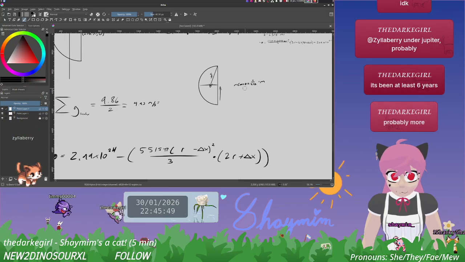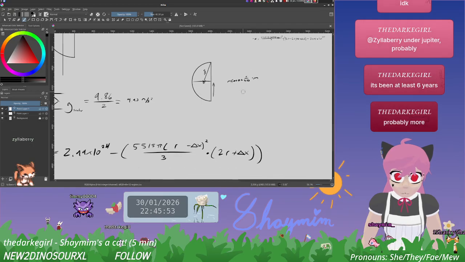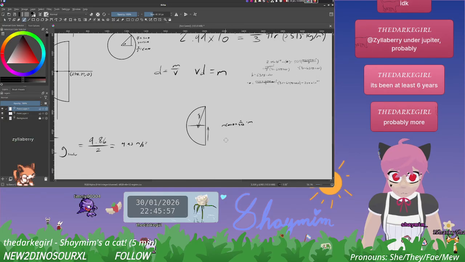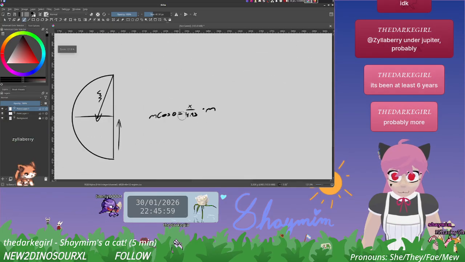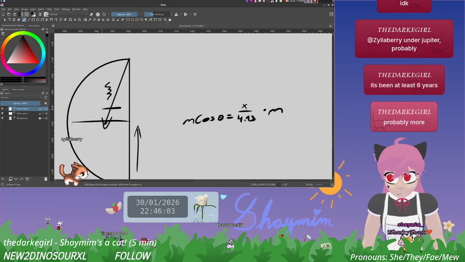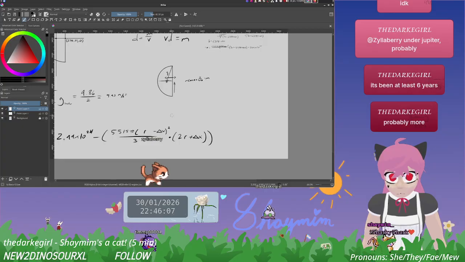The cosine of theta. What was that again? Well, actually, we don't need to worry about cosine of theta because we just worry about the horizontal distance from there. And that was already delta x, wasn't it?